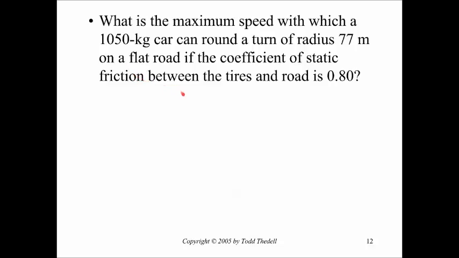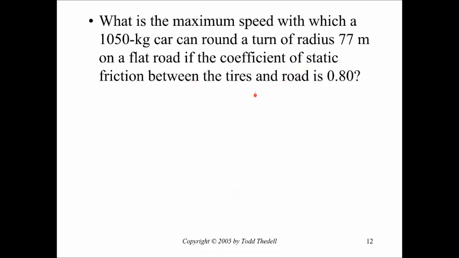So what's the maximum speed with which a 1,050 kilogram car can round a turn of radius 77 meters on a flat track if the coefficient of static friction of the tires and the road is 0.8? We use the static because, remember, kinetic friction is already sliding.